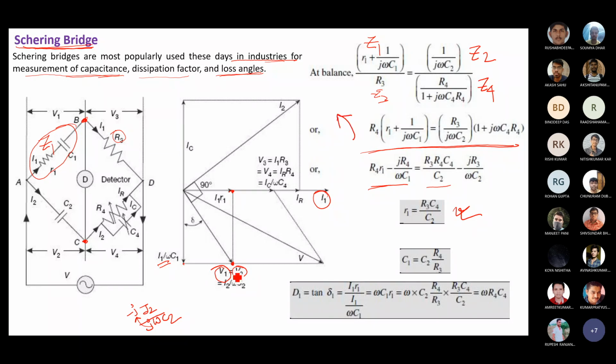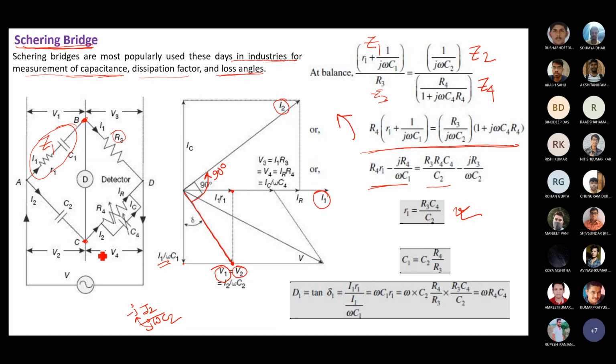That means I2 should be leading V2 by 90 degrees. If this axis is V2, then I2 will be 90-degree leading. So this is your I2, and you get the value of I2.